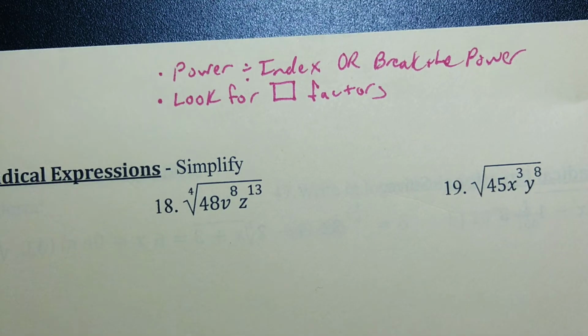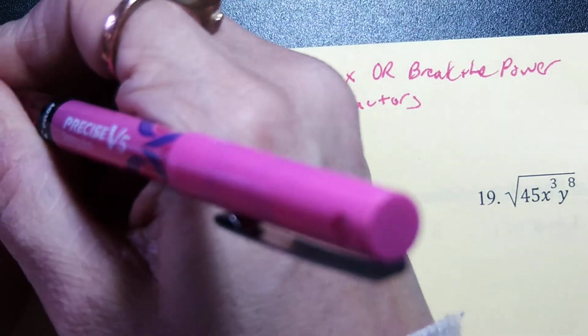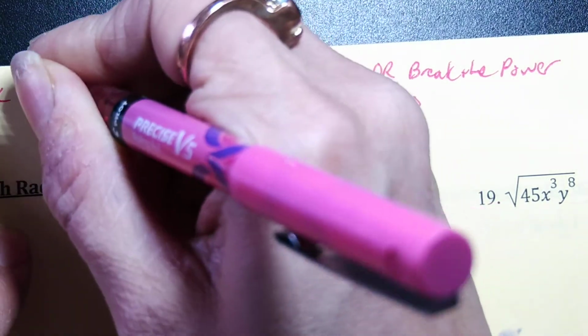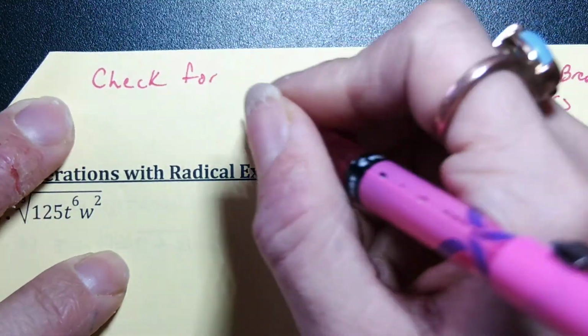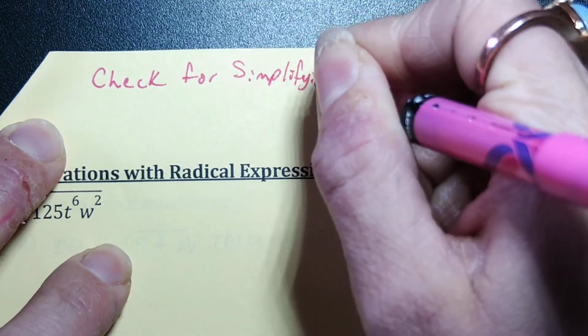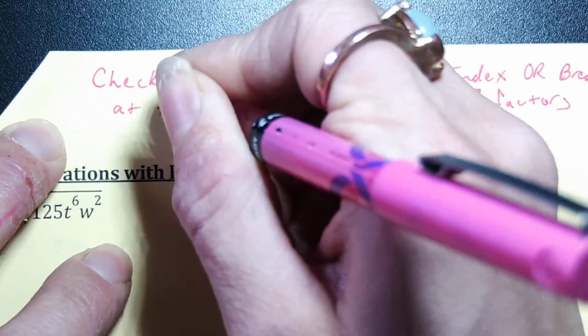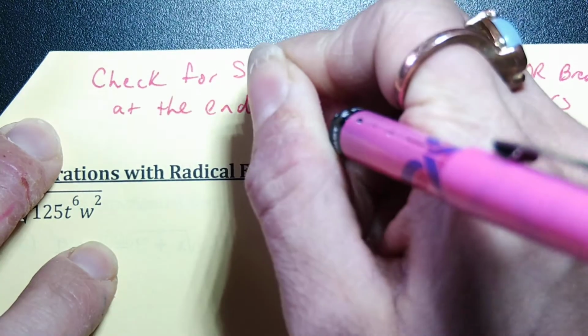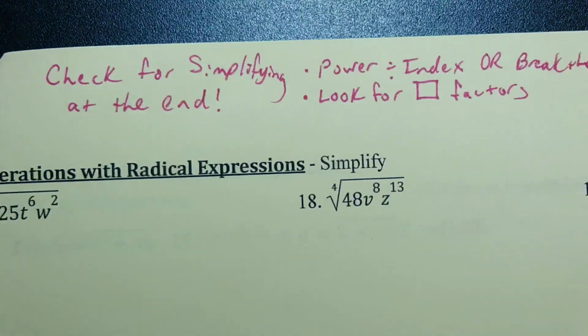So look for perfect squares, perfect cubes, perfect fourths, perfect fifths, etc. But always check for simplifying at the end. See if there's any more things you can do to simplify the radicals or simplify the expression.